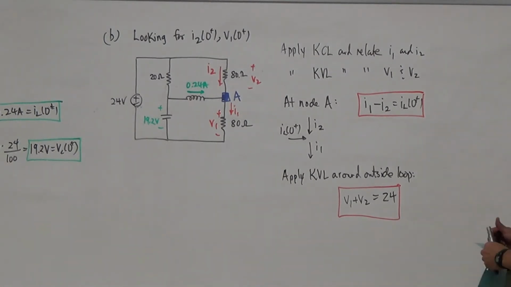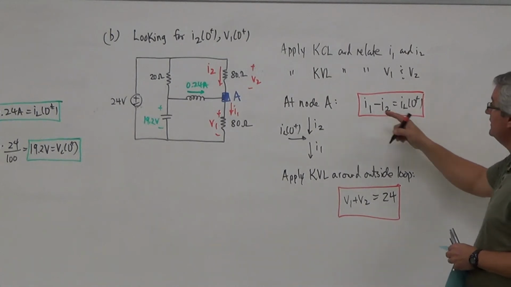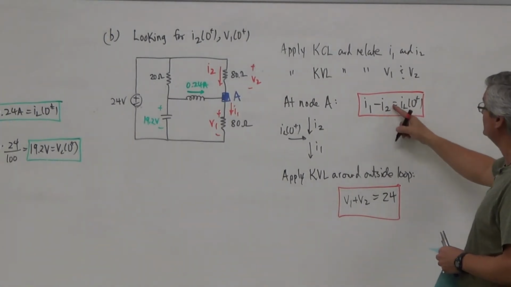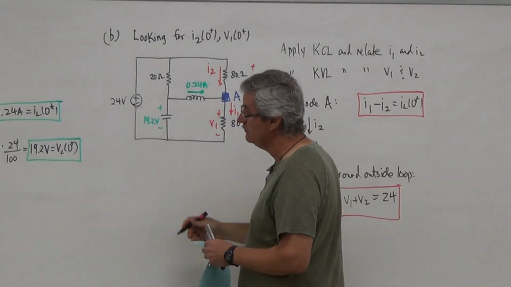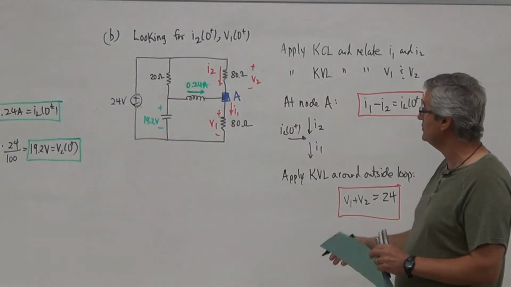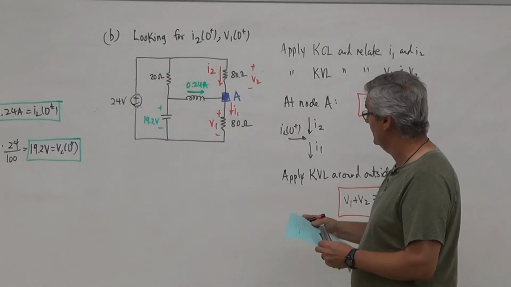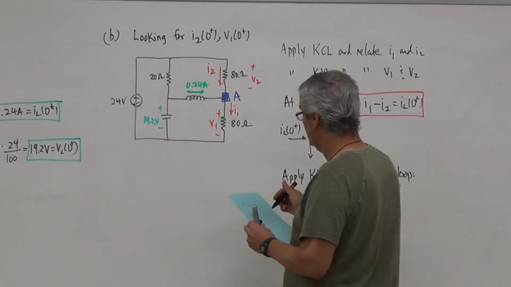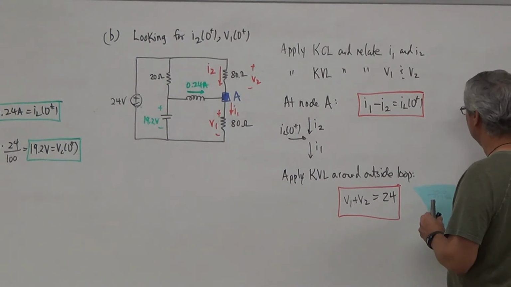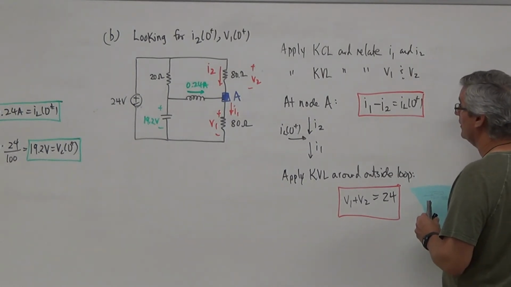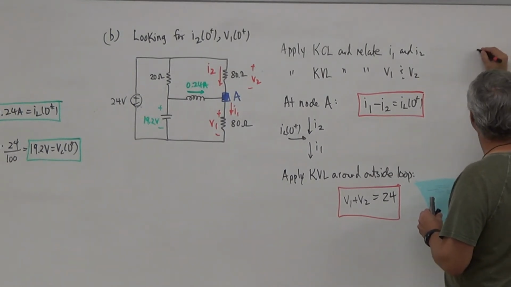So in my first equation, I can see that I have I2, but I've got to convert I1. But how do I get I1? Well, I need the voltage across it.